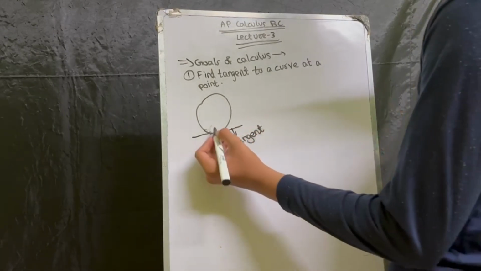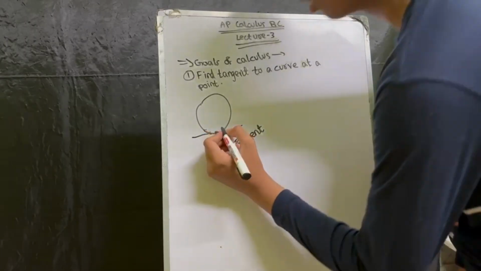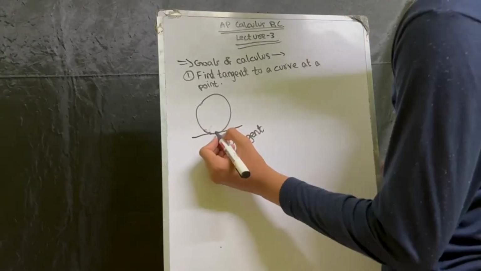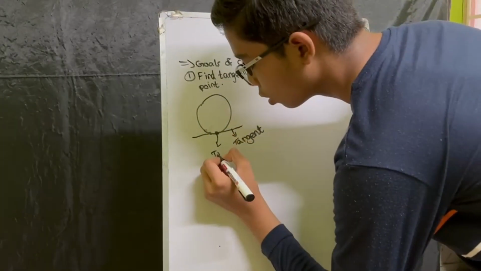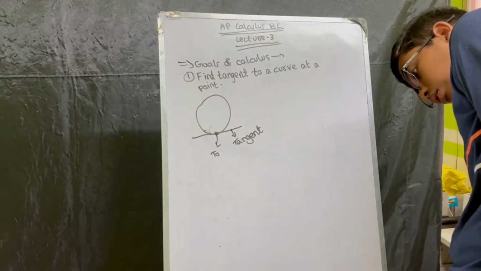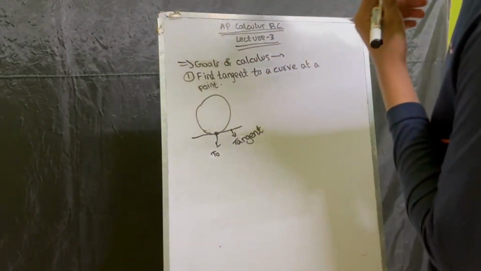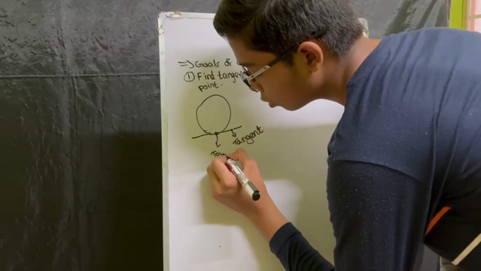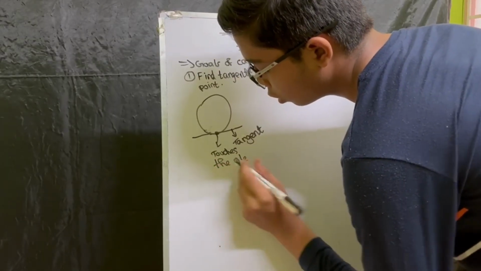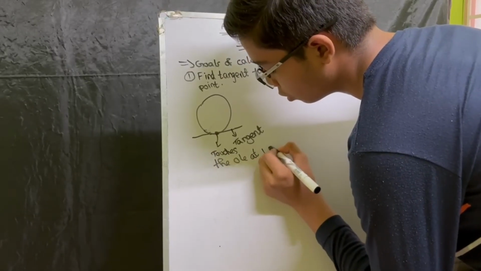This line is called the tangent because, okay, it's not quite drawn up to scale, but this line touches the circle at one point.